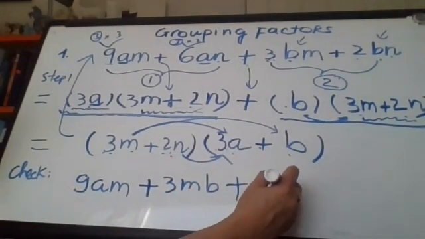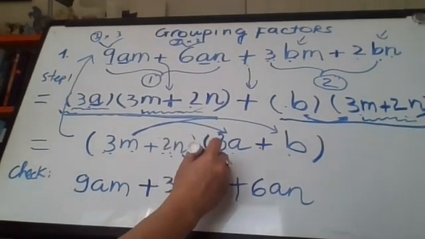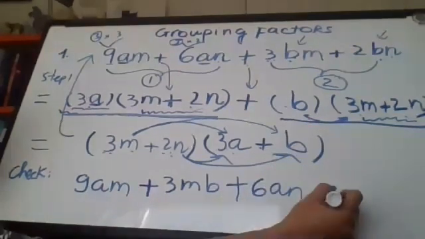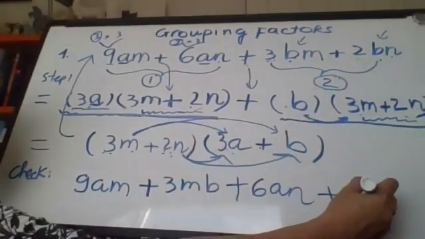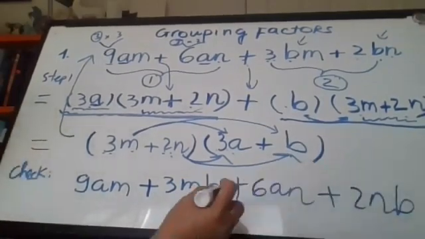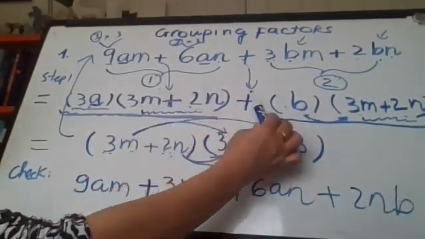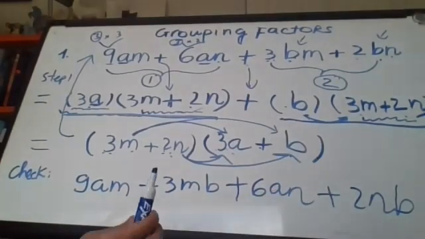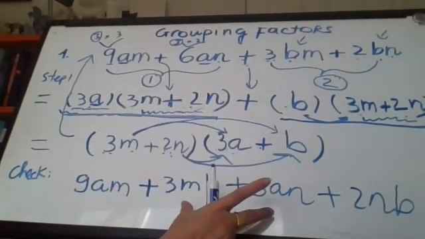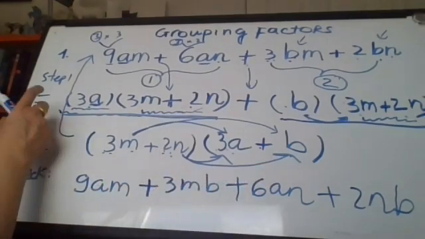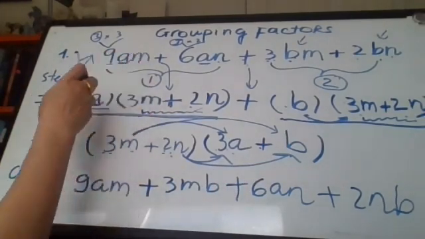Which is 6AN. 2N times B, positive as well. 2N times B is 2NB. So that's how I expand from the top arrow to the bottom arrow. When I multiply these two brackets, I can expand them and become the original expression.